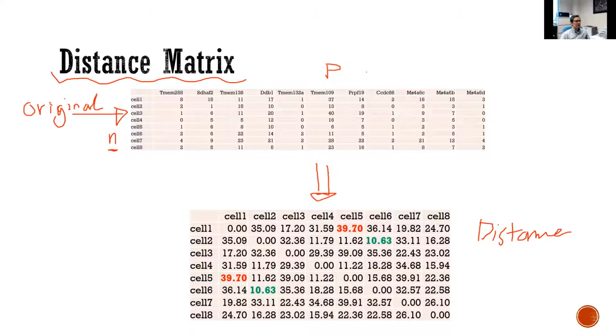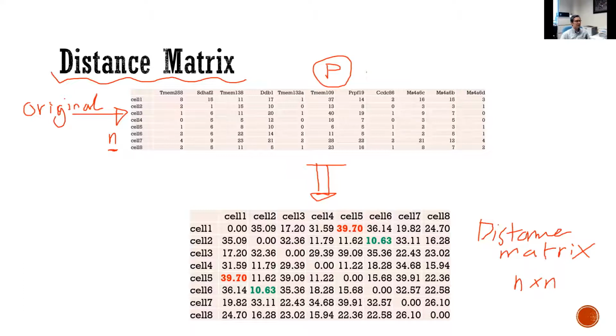And after doing this distance matrix computation, you will end up with a distance matrix with a dimension n by n. So you have n cells against n cells. You don't care how many genes have been used to describe the profile of the cells.